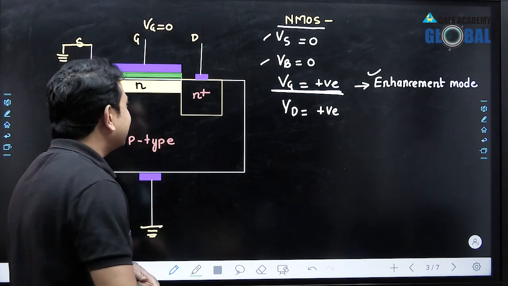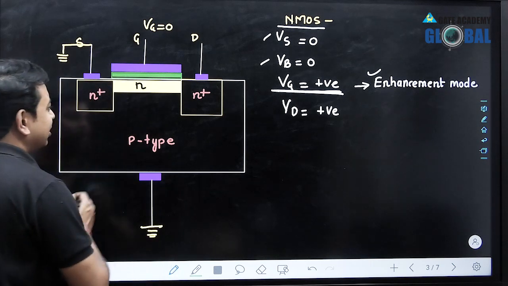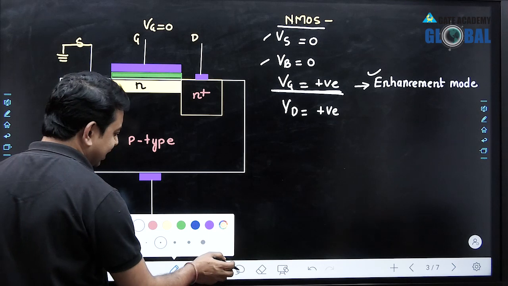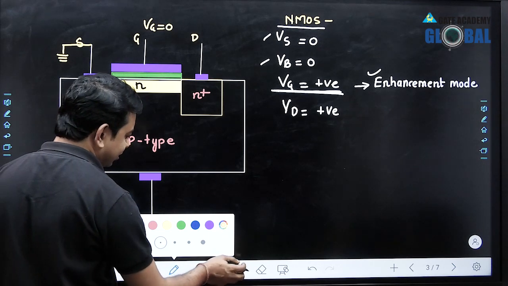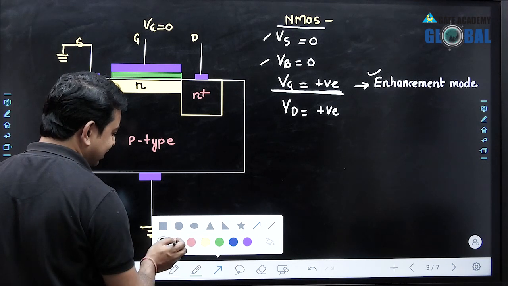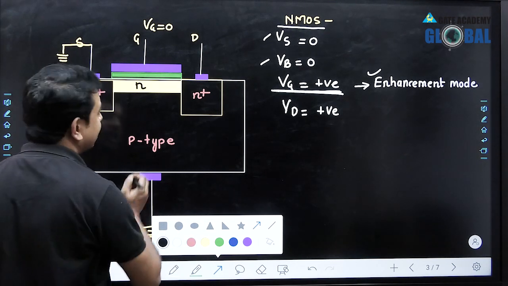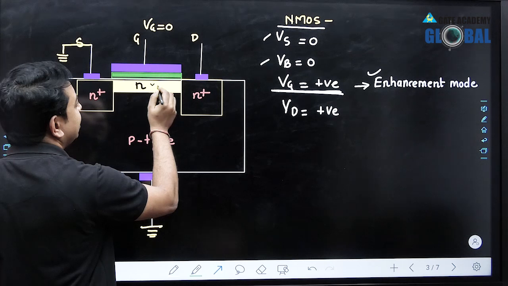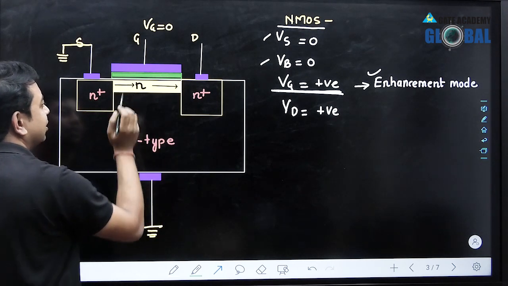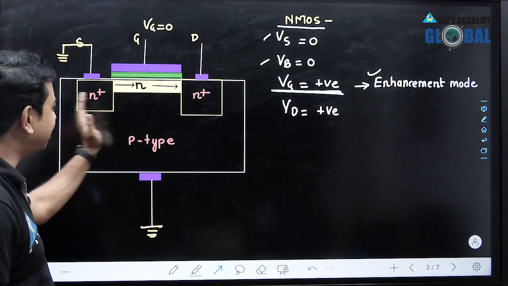So we have to think about the drain terminal voltage. The voltage applied to the drain terminal is always applied to attract the majority charge carriers in the inversion layer towards the drain terminal. So I mean to say that the electrons have to be attracted in this direction, and they should be repelled from the source.